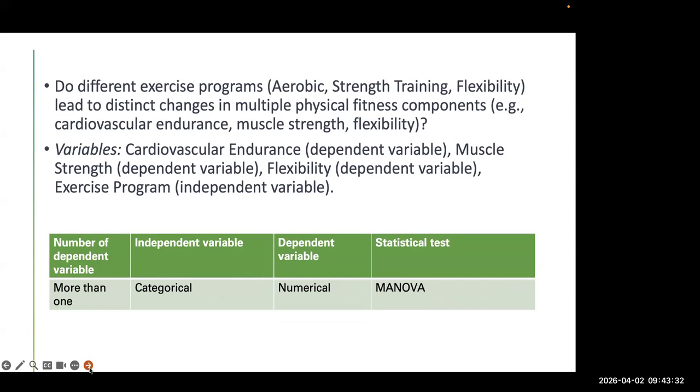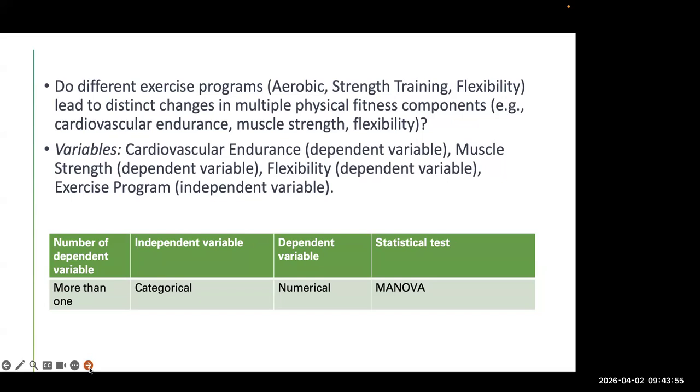Do different exercise programs, aerobic, strength training, flexibility, lead to distinct changes in multiple physical fitness components, for example cardiovascular endurance, muscle strength, and flexibility? You look here, now your outcome is physical fitness components.